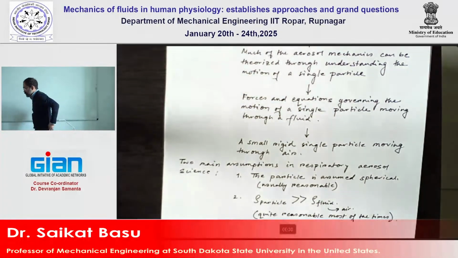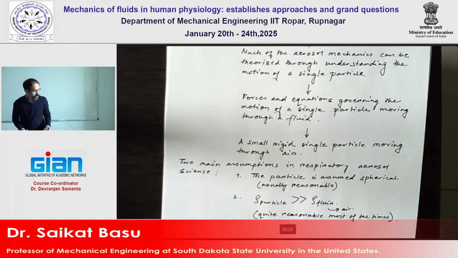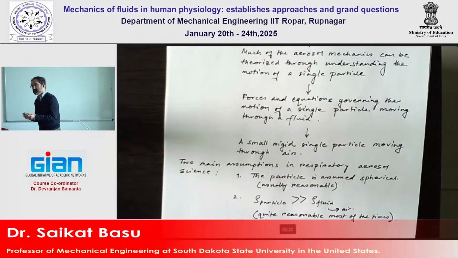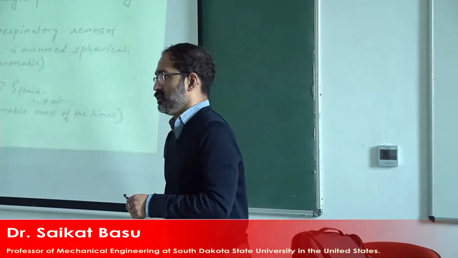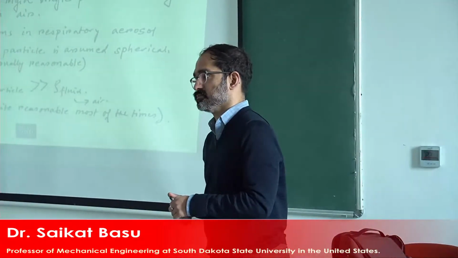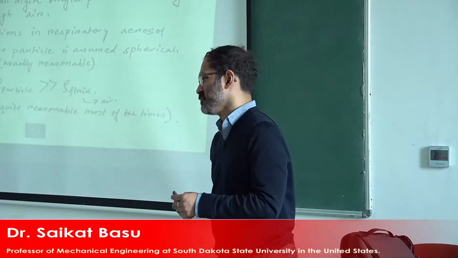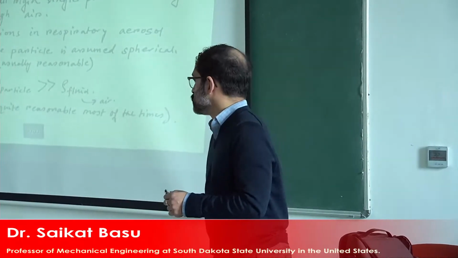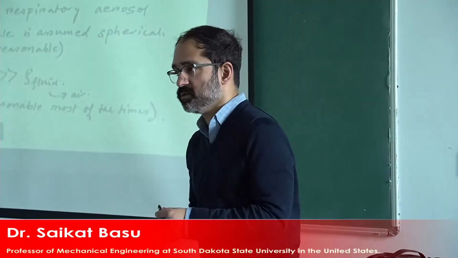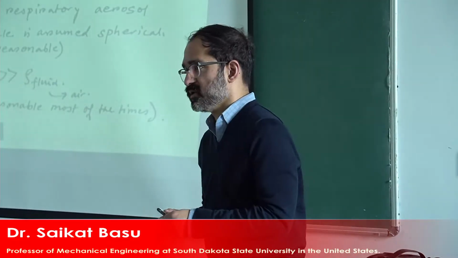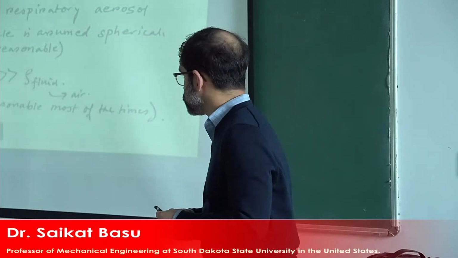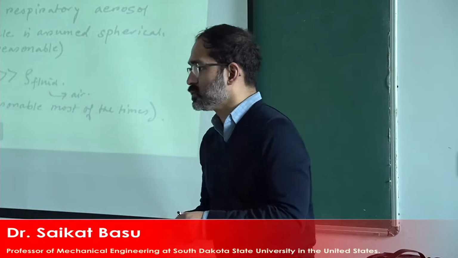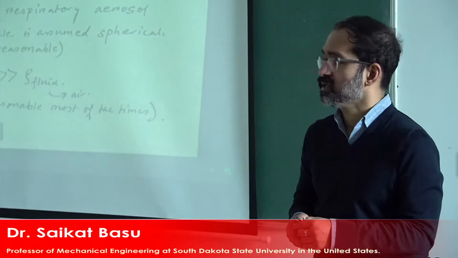Because if you think about drug delivery, what do you think the density of those particles is for drugs, for nasal sprays, nebulized sprays? Slightly above water. Most of the time it's very close to water, so 1000 kg per cubic meter. And what is the density of air? So it's much, much greater than the density of air. What about infection transmission?